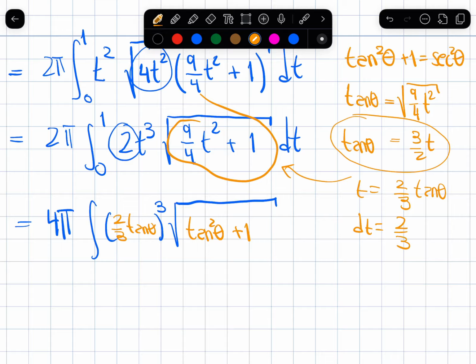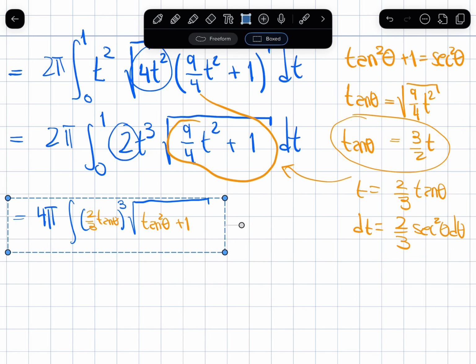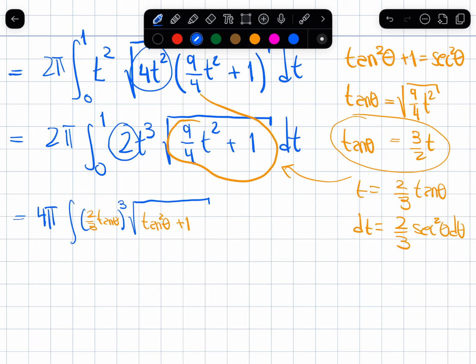The derivative of tangent is secant squared. So that becomes the final form of my integral: two-thirds secant squared theta d theta.